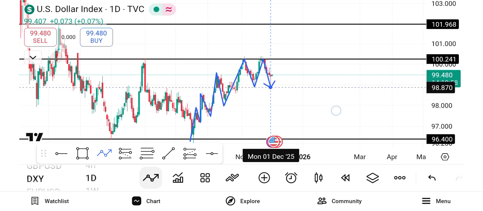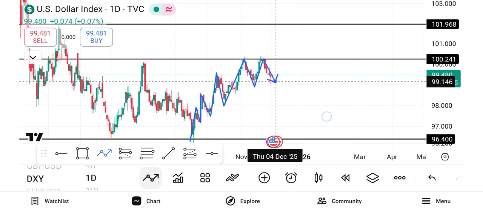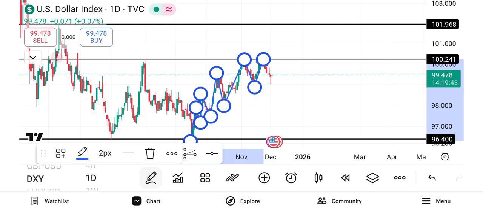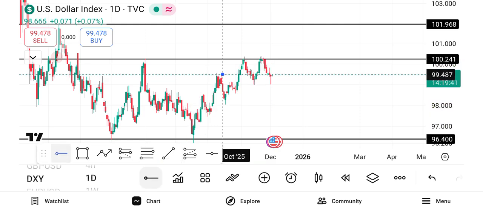but see what the market did. The market gave us an equal low instead. Since then, it started changing its movement to the upside. So we mark this low here.